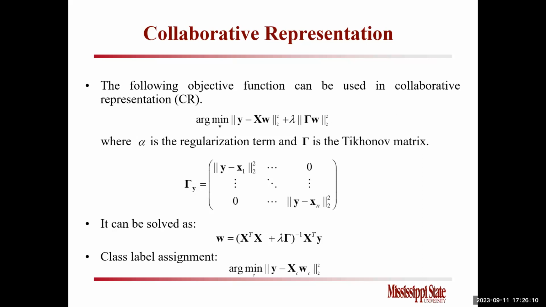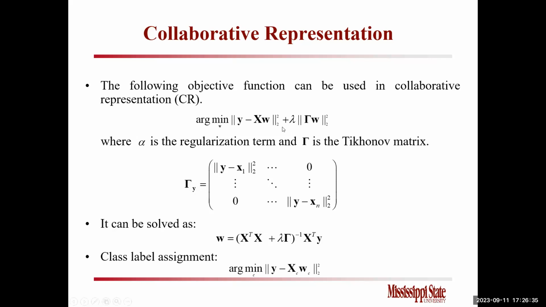In this way, we can control the difference of the training samples, rather than simply saying everybody has an equal chance to represent this Y. We use gamma to control how much each can actually contribute to this collaboration.